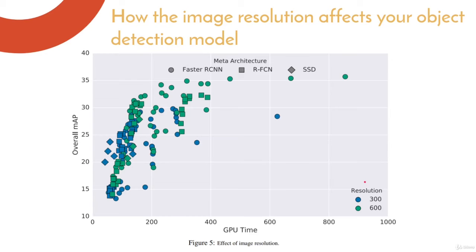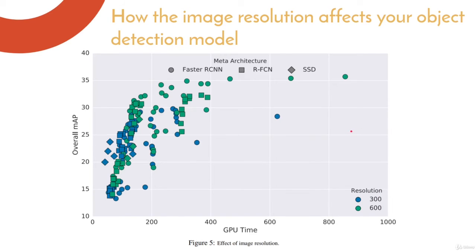And I actually faced this myself when I was working in the industry. At some point we were resizing our images in order to fit them to the neural network that had 600 by 600 as inputs, for example.